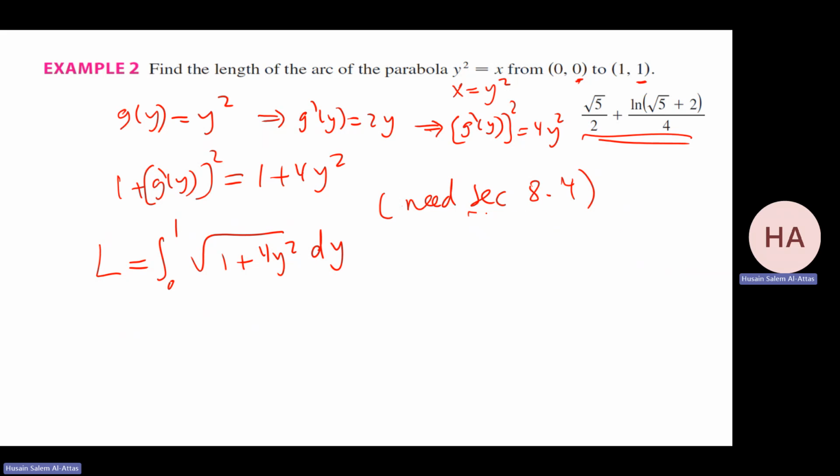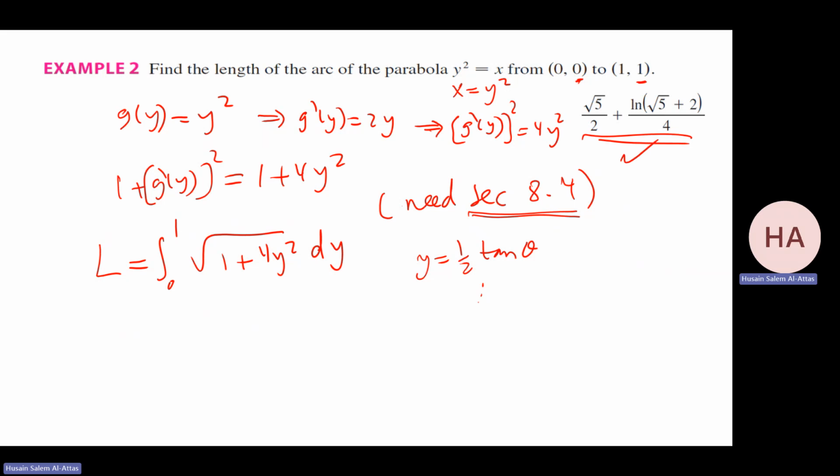So after you do section 8.4, do this integral. By calculating this integral, you will get the answer, which is the easy one, not difficult. The idea is that you will take y equal half tan theta, and then you will do the calculation. But I will leave it for you. And this is the answer.